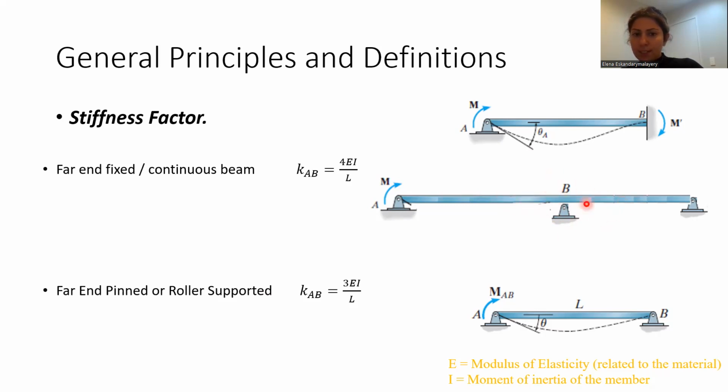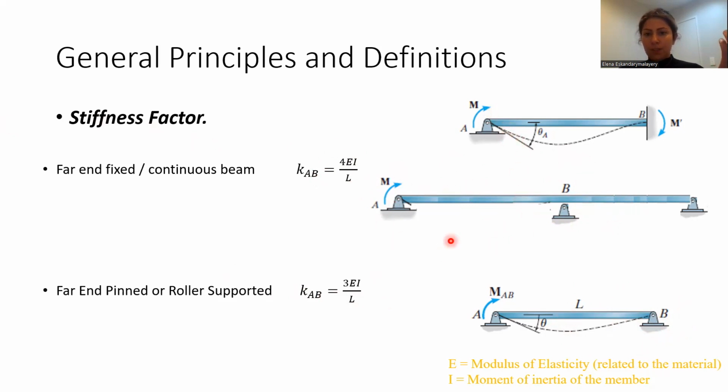So in this case, you have to use 4EI over L, but in case the far end is a pin or hinge and it cannot carry any moment, you consider 3EI over L. So you have to calculate the stiffness factor for each member at each joint.